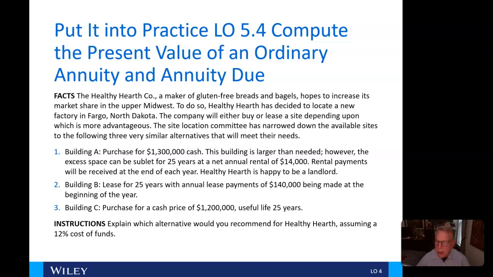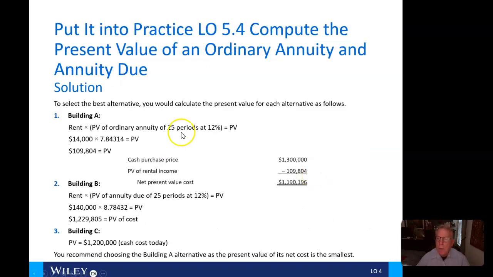Very realistic scenario here. For building A in option 1, we're going to take this rent of $14,000 and multiply it times 7.84314. That's going to be right off of the 12%, 25 periods. So let's see if that lines up. 7.843, yes, it does.